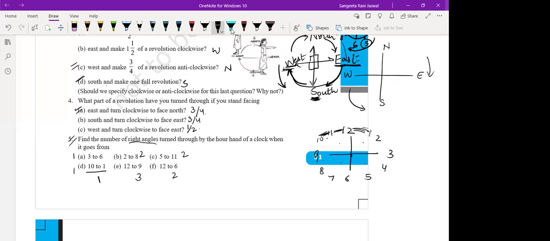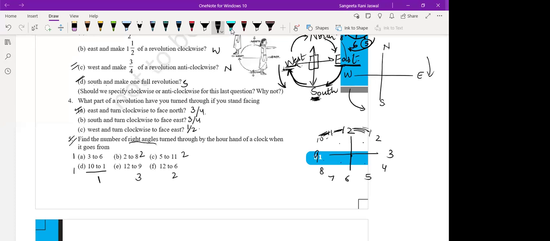So 3 to 6 is 1 right angle. Okay, if you are moving from 2 to 8, how many right angles is it? Ma'am, 2 right angles. So that is 2 right angles. Yes, 1 right angle is 15 minutes, you can see.